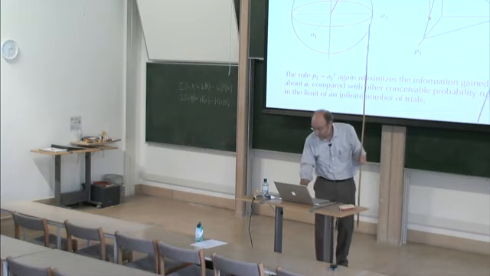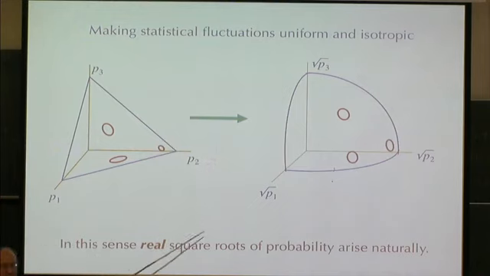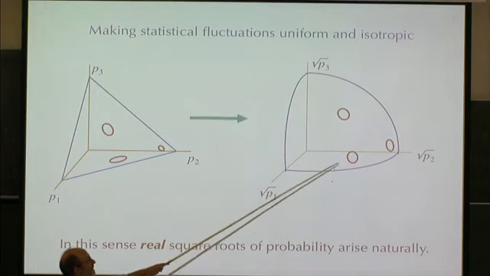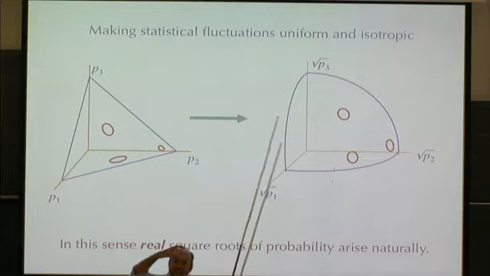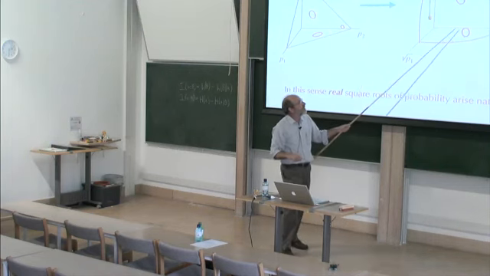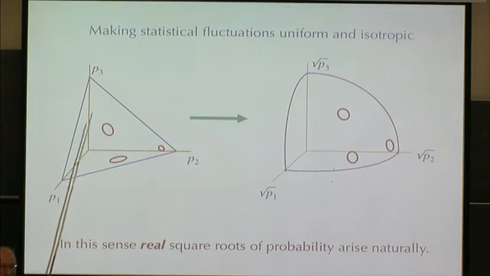It's not correct. And again, here's another way of picturing what's special about these square roots of probability. This is another example of what I was showing earlier. If you parameterize probabilities by their square roots, so that the probability simplex becomes this piece of a sphere, then if you look at the regions of uncertainty, the statistical fluctuations around any given point, they come out to be little circles all the same size, instead of being different shapes and sizes as they are in this flat probability simplex.